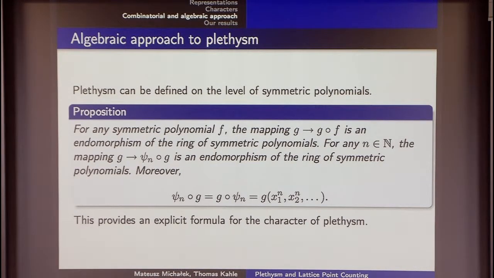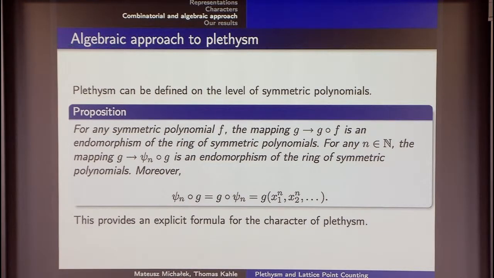So first, we have to go from the Plethysm that was defined as composition of Schur functors to the level of symmetric polynomials. So here the circle will be the Plethysm, and it turns out that of course you can do it on the level of symmetric polynomials. If G and F represent Schur polynomials, then this circle will represent the character of their Plethysm.